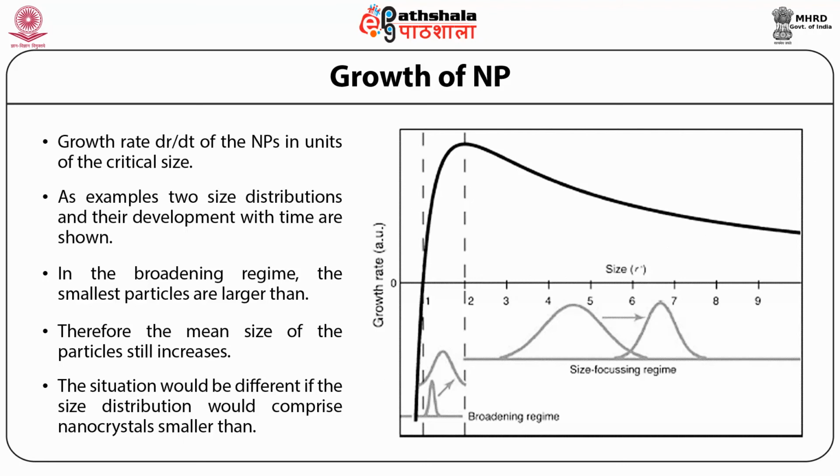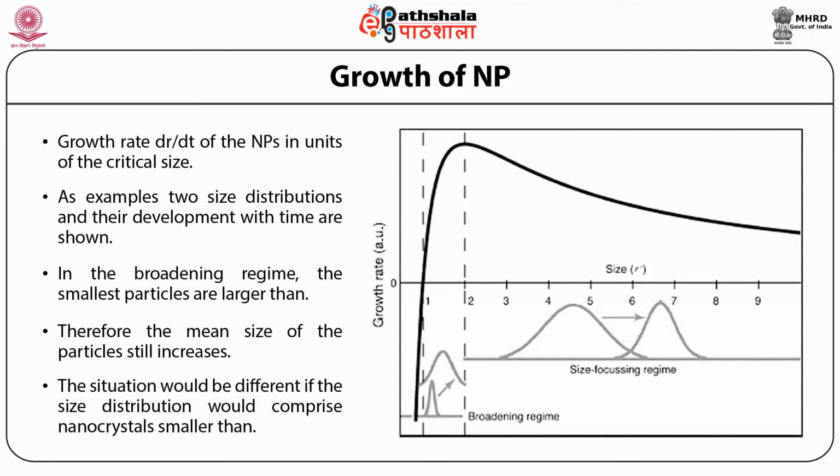During the synthesis, the critical size increases, and as soon as the size of the maximal growth rate, 2r*, has reached a value situated in the lower end of the size distribution of the nanocrystals, the system enters the broadening regime.